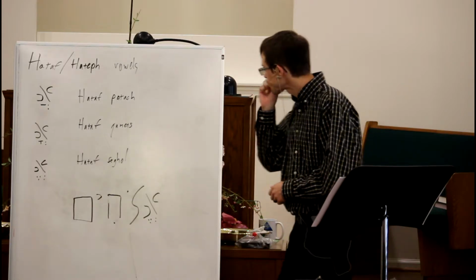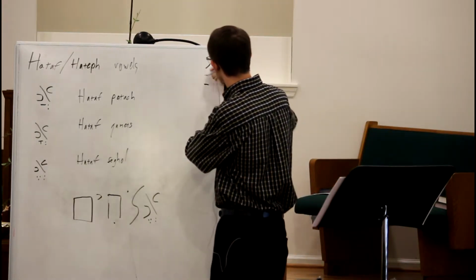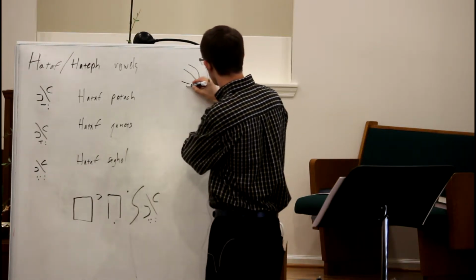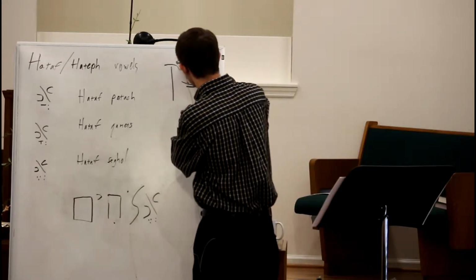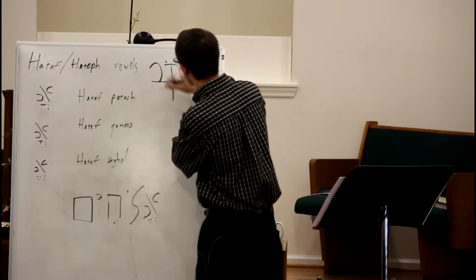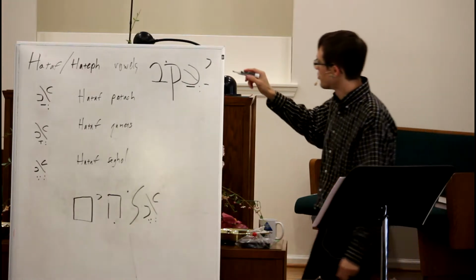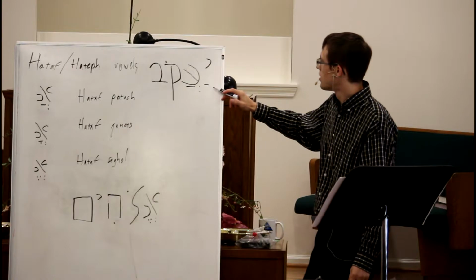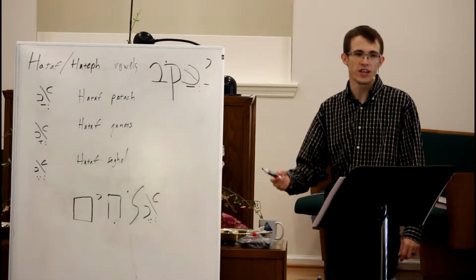Earlier we looked at Jacob's name, I think. Jacob's name is a good example of the Hataf vowel facilitating the pronunciation of a laryngeal. Here's Jacob's name. We have Yaakov, which gives you our English Jacob.